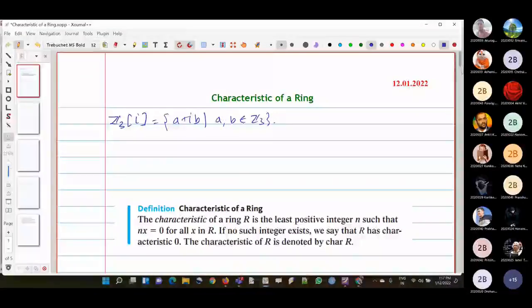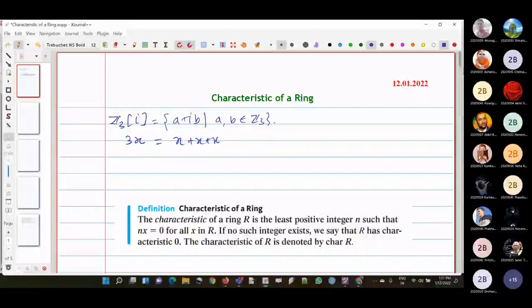And in this set, how many elements? 9. Yesterday we have seen, so 3 squared. So if you take 3x, we can write it as x plus x plus x.